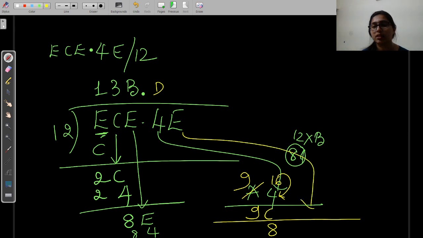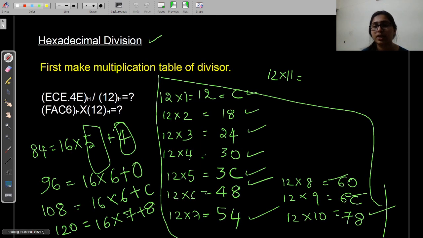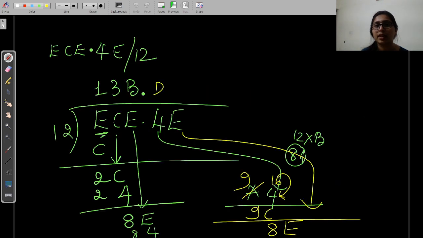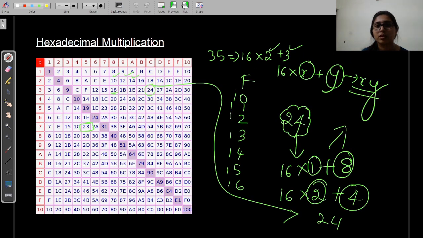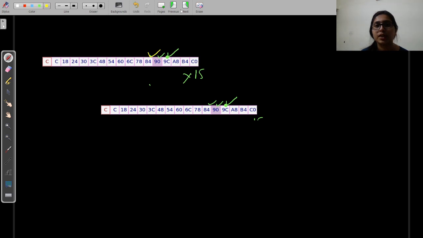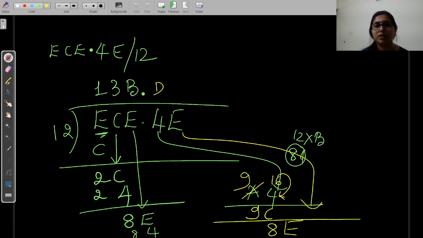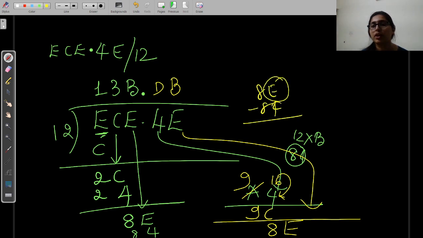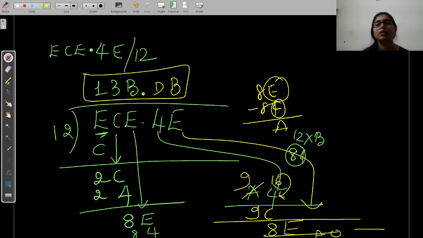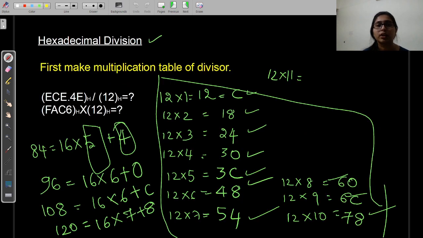Next is 8E. Is there anything close to that? 84, once again it is 11. 8E minus 84, so this is 14 minus 4, 10, write it A. So this continues, so 13B point DB is the answer, 13B point DB.